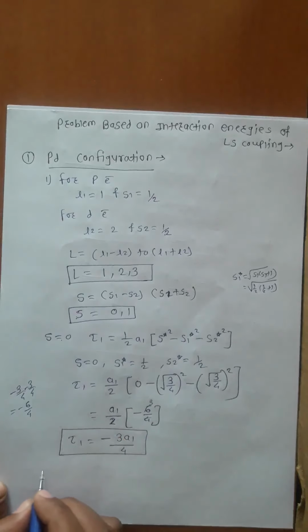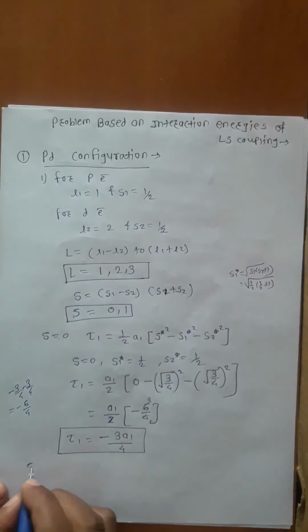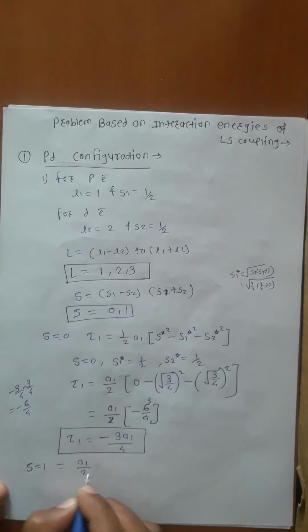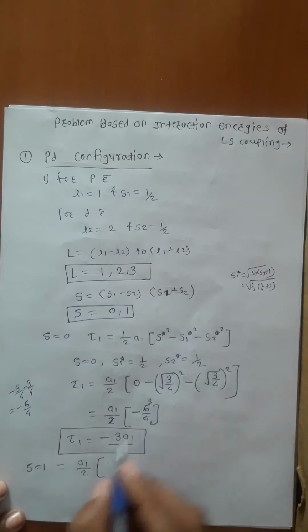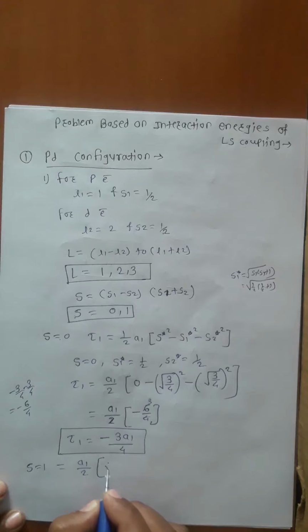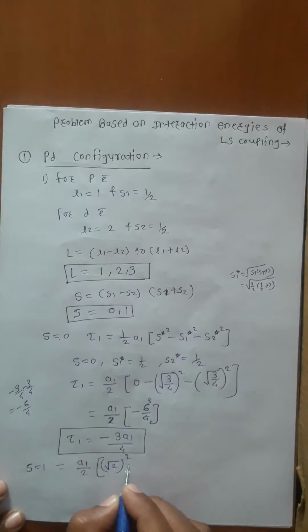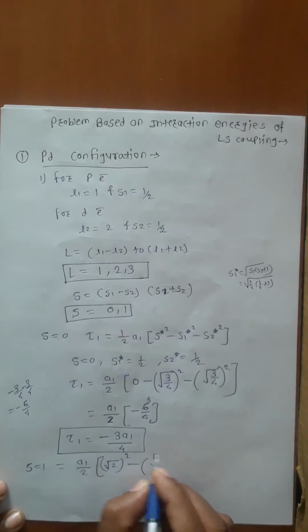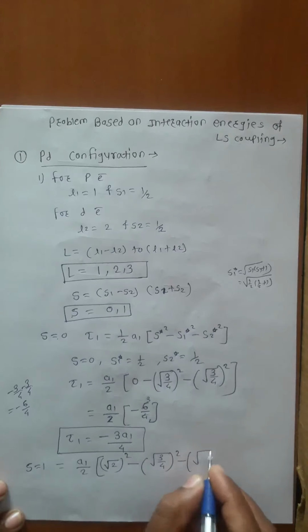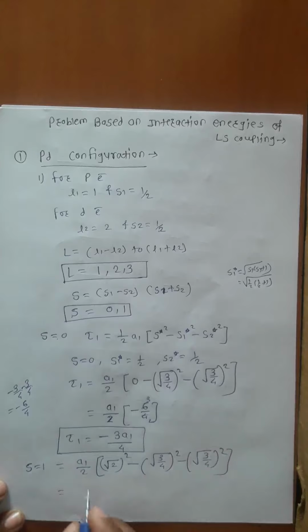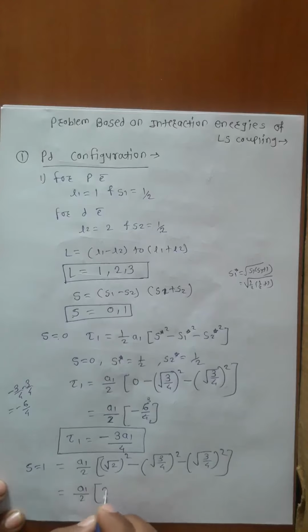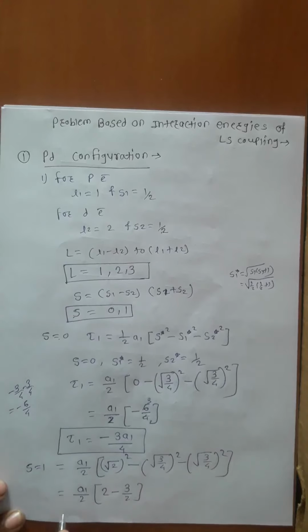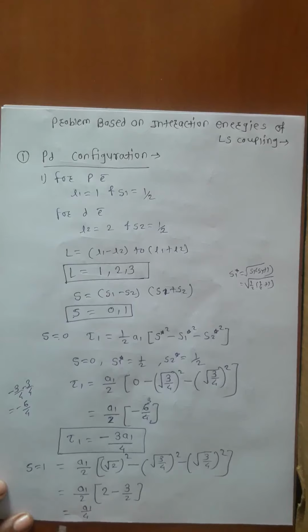Similarly for S is equal to 1, A1 by 2 into the square root of 1 into 1 plus 1, that is root 2 squared, minus root 3 by 4 squared minus root 3 by 4 squared, is equal to A1 by 2 into 2 minus 3 by 2, which is A1 by 4.